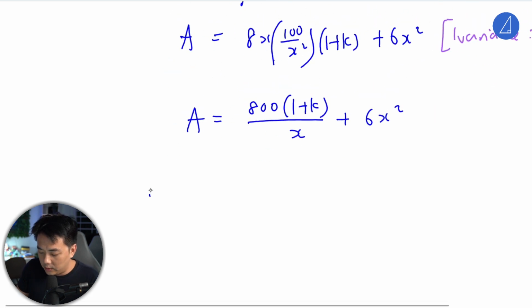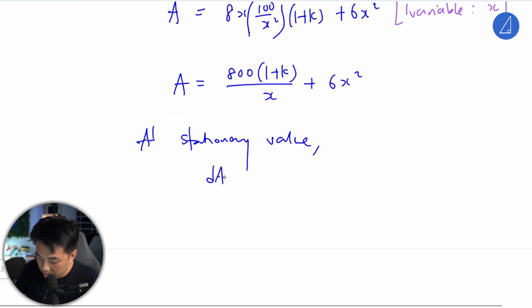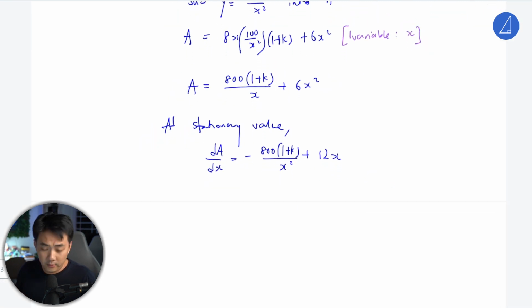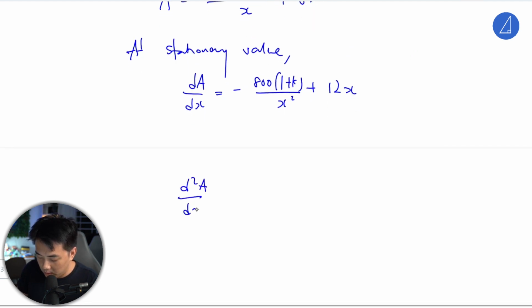So at stationary value, I know that dA/dx will give us negative 800(1 plus k) over x squared plus 12x. Then obviously I also know that d squared A/dx squared is 1600(1 plus k) over x cubed plus 12.